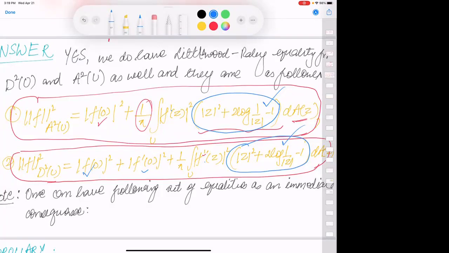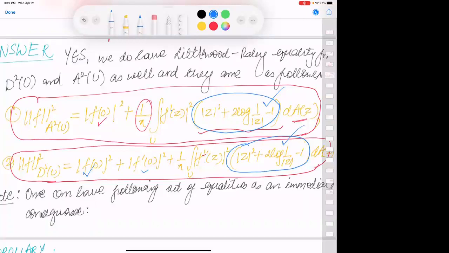It was quite interesting when I compared these two equalities at a time, that the weights present are the same, which is z squared plus 2 log 1 over z minus 1. I was a little confused, and I just got curious about what this actually is.